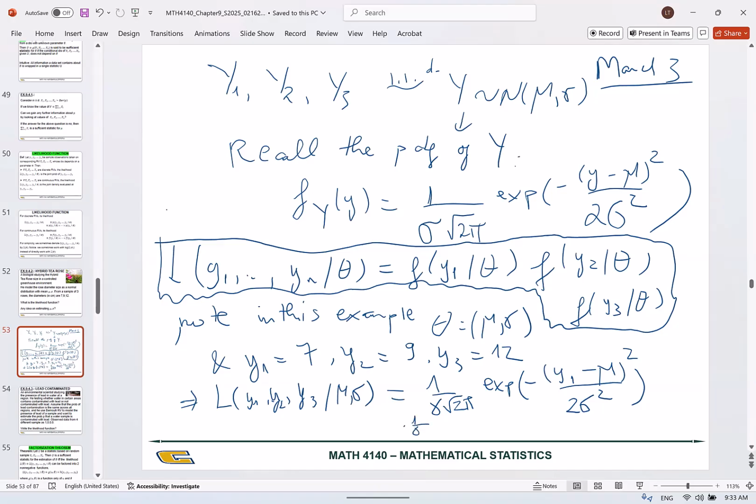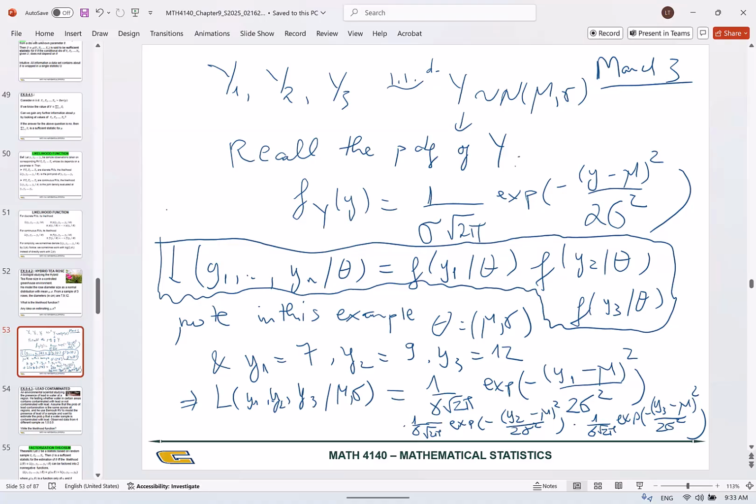1 over sigma root 2 pi, exponential of y2 subtract mu squared over 2 sigma squared. And the last one will be 1 over sigma root 2 pi, exponential of y3 subtract mu squared over 2 sigma squared.